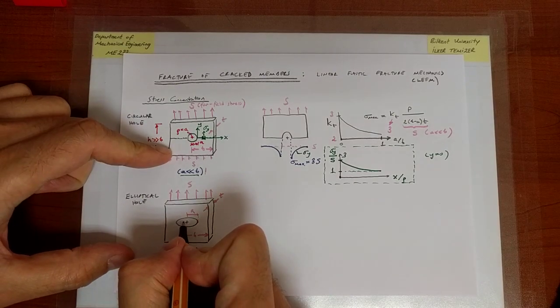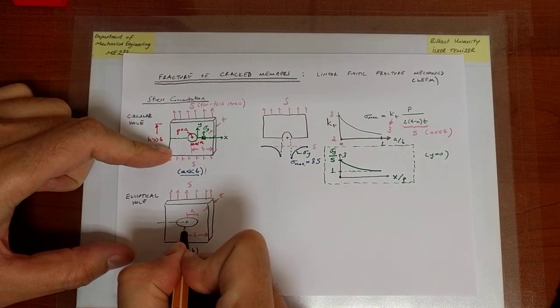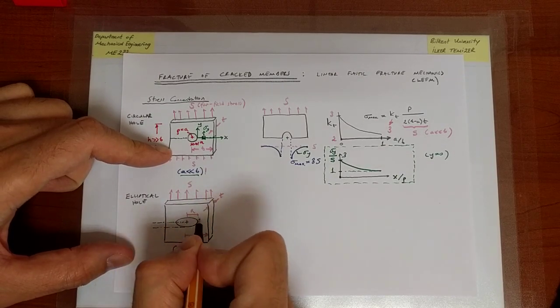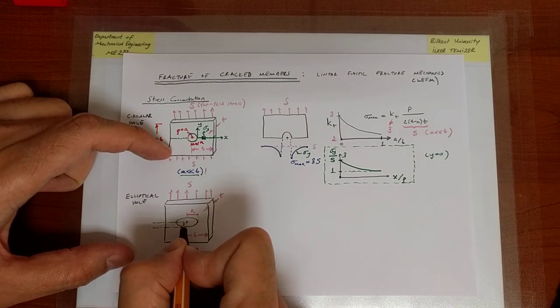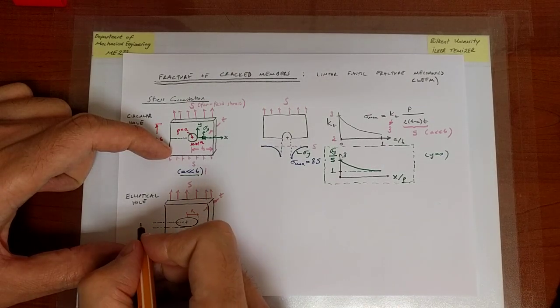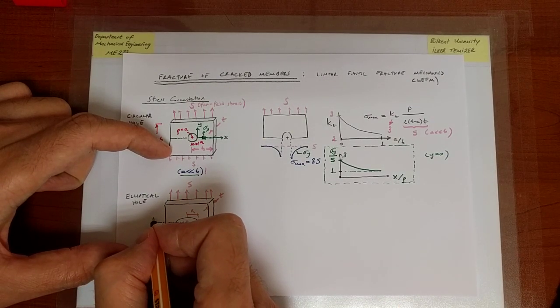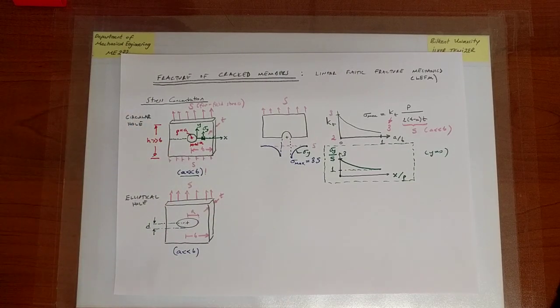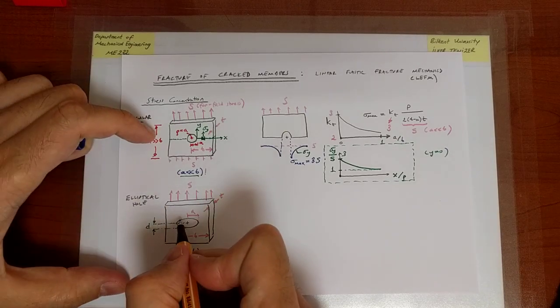Now I'm going to introduce two more dimensions. Because it's elliptical, it's not sufficient to just define the half width. I need to also define the height of the ellipse, and let's call that D. But more useful eventually is going to be a slightly different quantity, which is the tip radius.